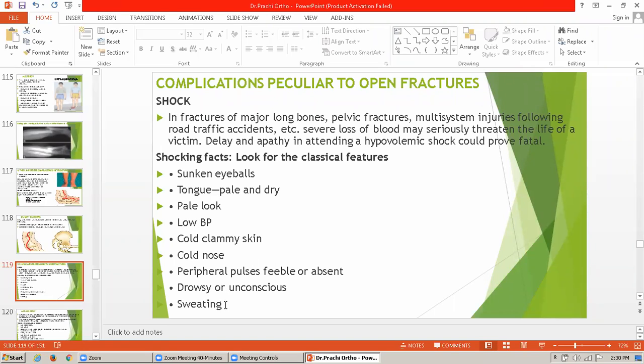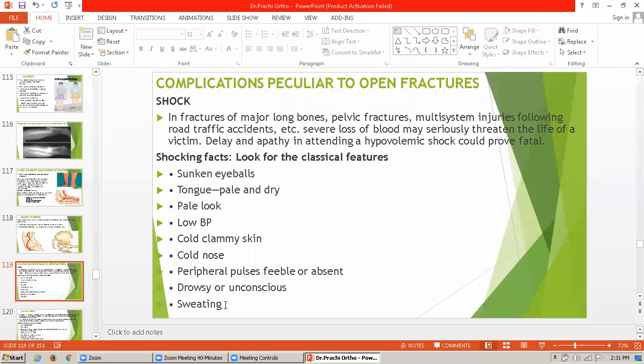So when there is a fracture of a major long bone, pelvic fracture or multisystem injury or RTA, there is severe loss of blood which seriously threatens the life of the patient. This leads to delay and apathy in attending, and hypovolemic shock could be fatal.